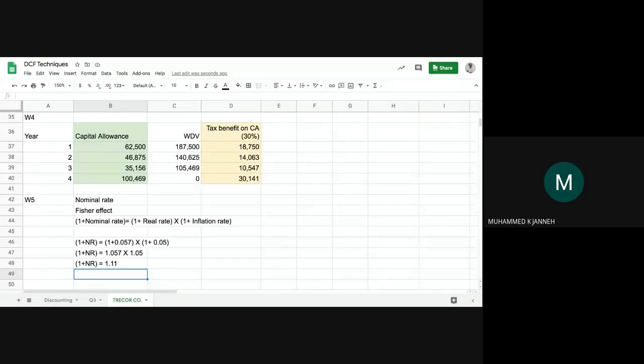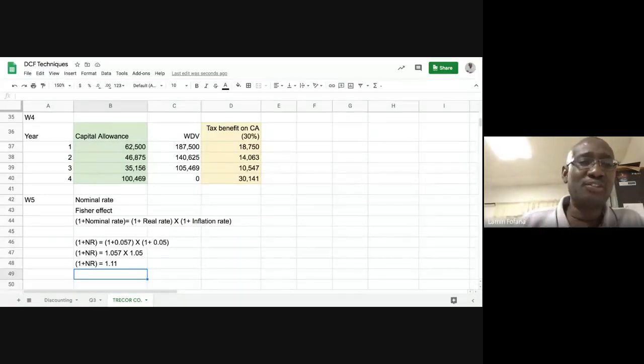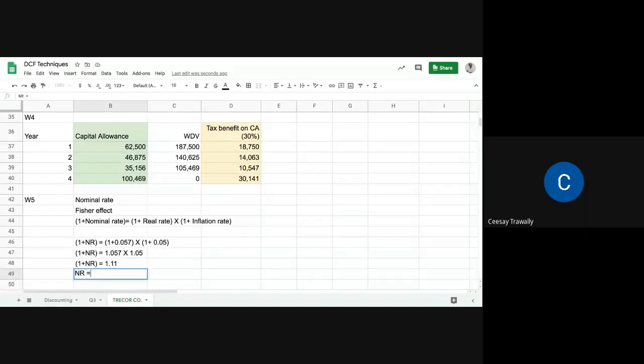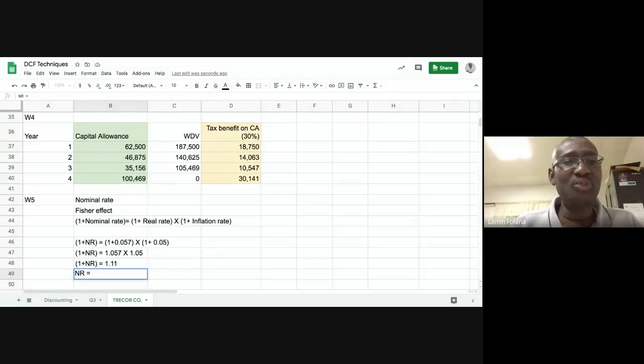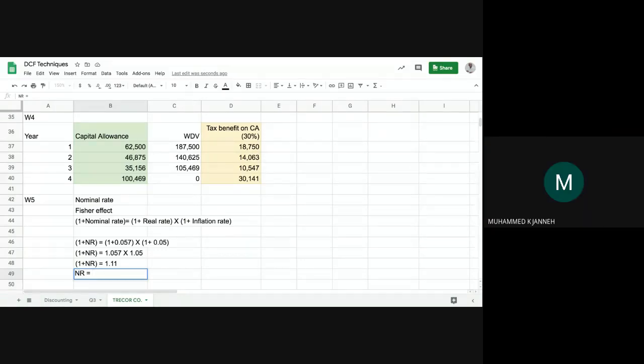Okay, so now, using our simple change of subject, what is NR? NR is equal to 1.11 minus 1.